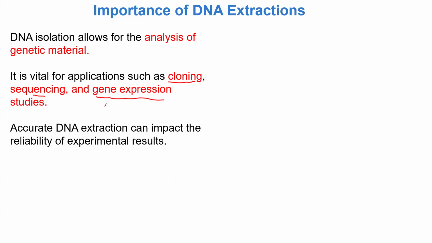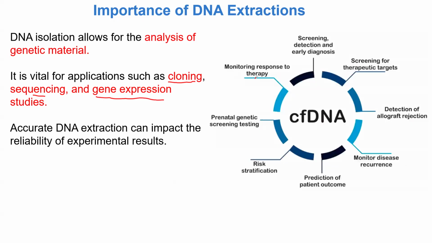Downstream application can be sequencing, PCR, or gel electrophoresis. So if you do your DNA extraction accurately, there's a likelihood that you are going to have reliable experimental results. So this is also another application of DNA extraction.